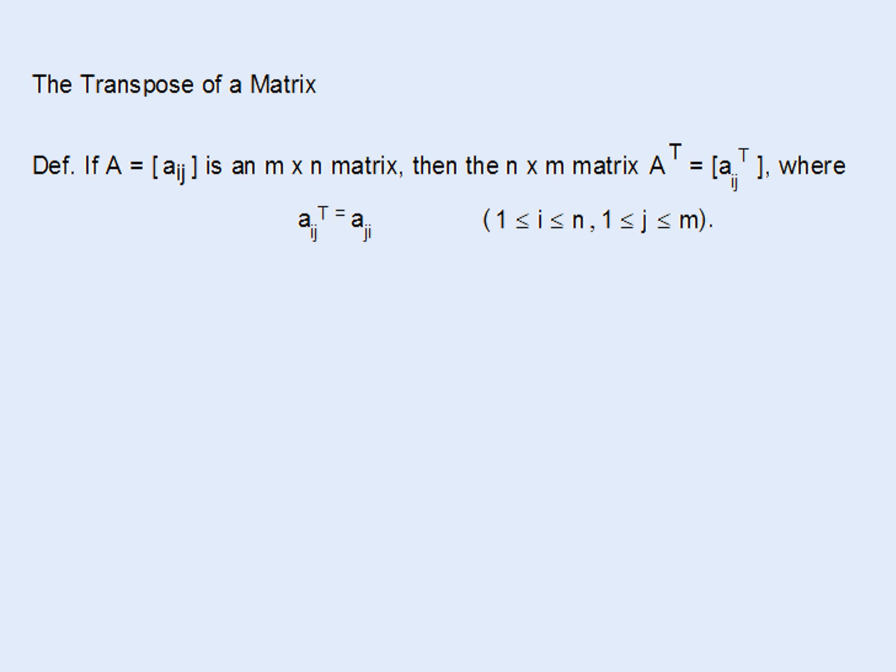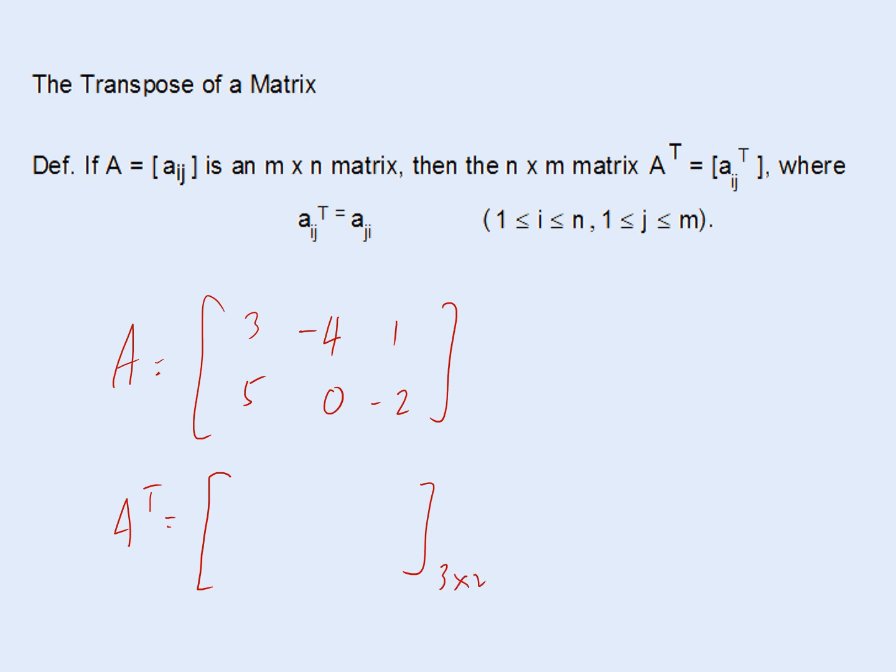So suppose we have matrix A, which is a 2 by 3 matrix. The transpose of matrix A, or A raised to T, is a 3 by 2 matrix. So A is a 2 by 3, and the transpose is a 3 by 2 matrix. The row elements of A become the column elements of A^T.